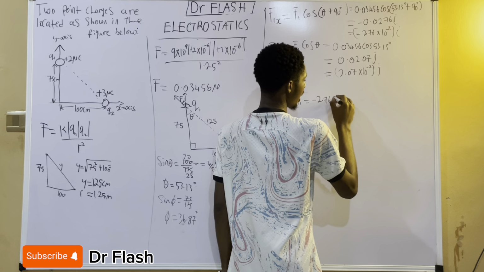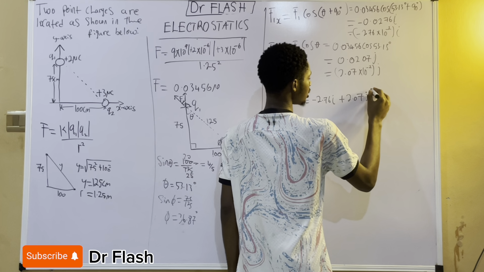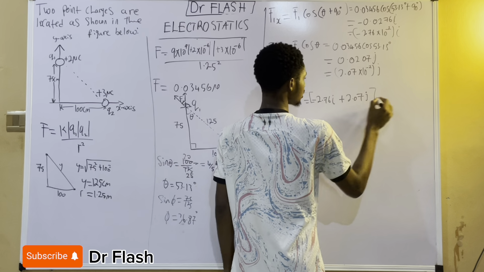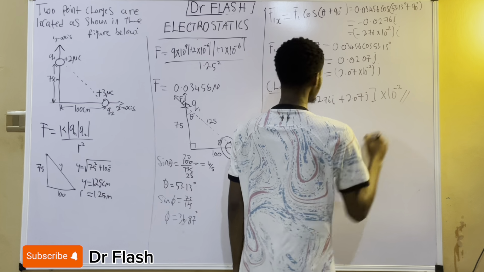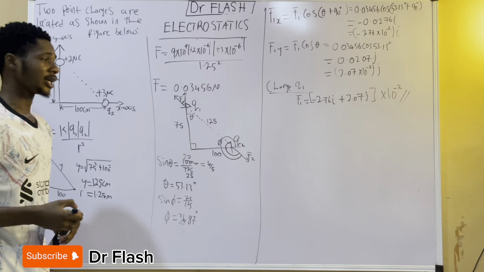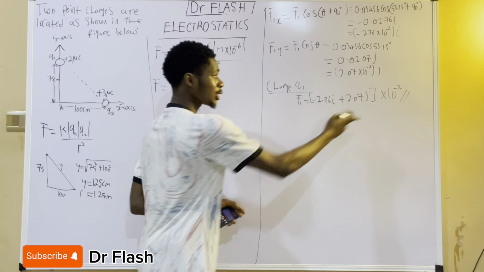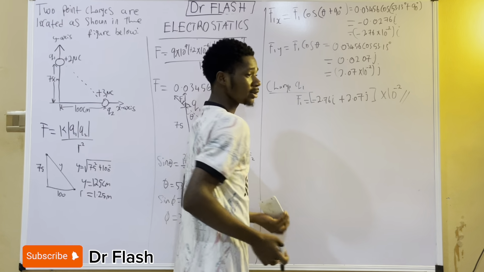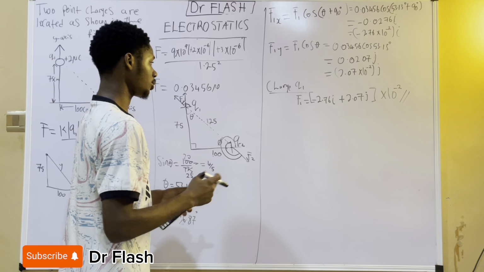So this is I plus 2.07, this is j, times 10 to the power of minus 2. That's the force experienced by charge q1 in terms of coordinates of free space as required by the question. Okay, you can as well open it to get these values directly, depending on what suits you or what is given in the examination options.